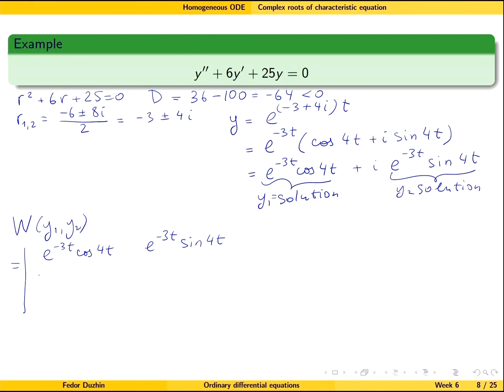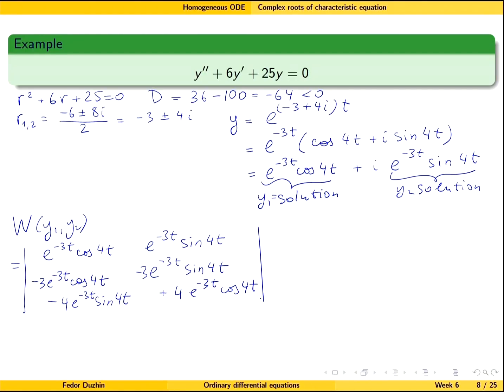Let me differentiate: minus 3 e to the minus 3t cosine 4t minus 4 e to the minus 3t sine 4t. That's the derivative of y1. Now the derivative of y2: minus 3 e to the minus 3t sine 4t plus 4 e to the minus 3t cosine 4t. Okay.